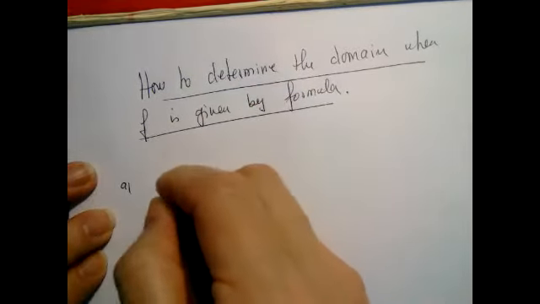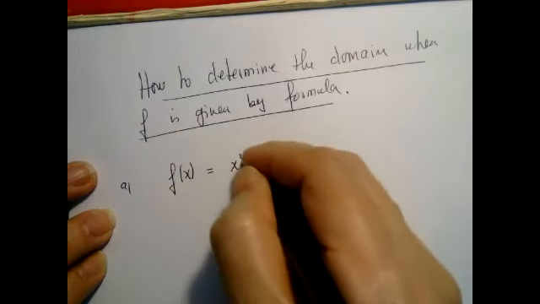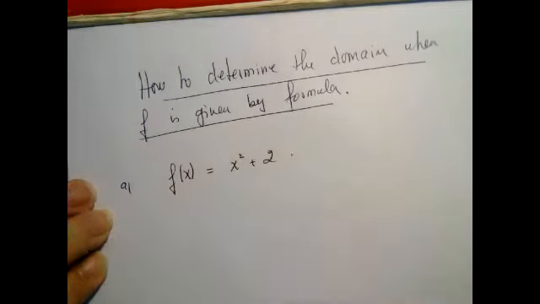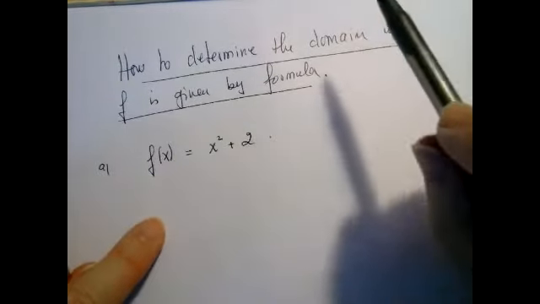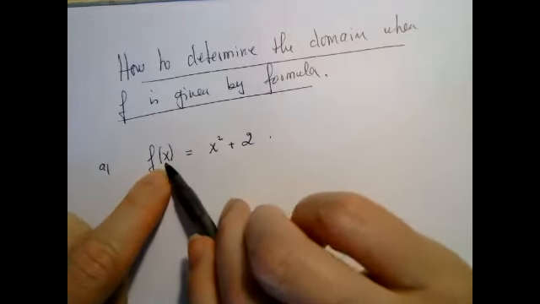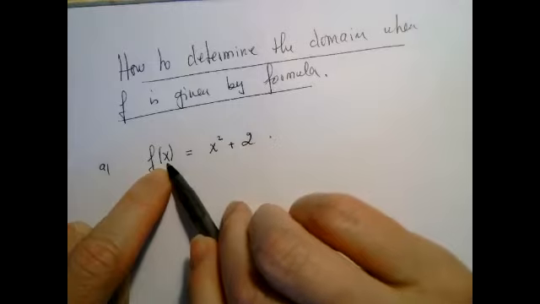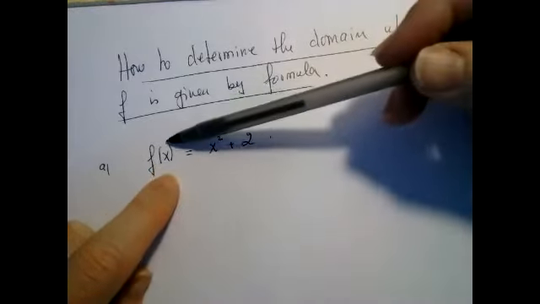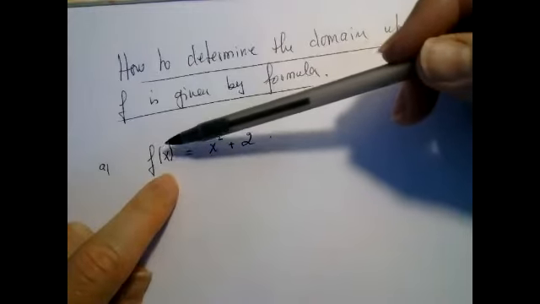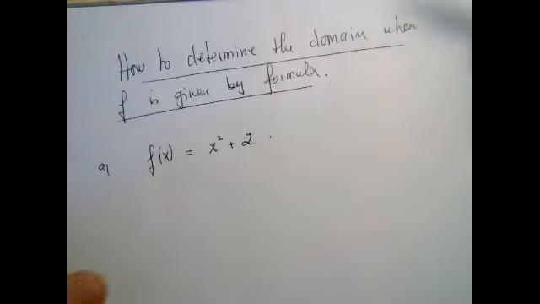Suppose I tell you that f of x equals, very simple one, x squared plus 2. What do I mean by the domain in this case? That's just a formula. It means all the values that you can put here such that when you evaluate f at this, you get a number. Is there any value of x that you're going to have difficulties inputting?